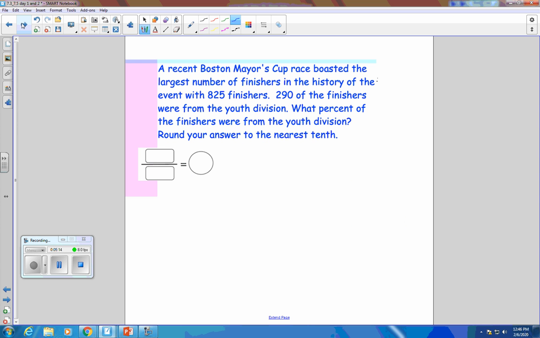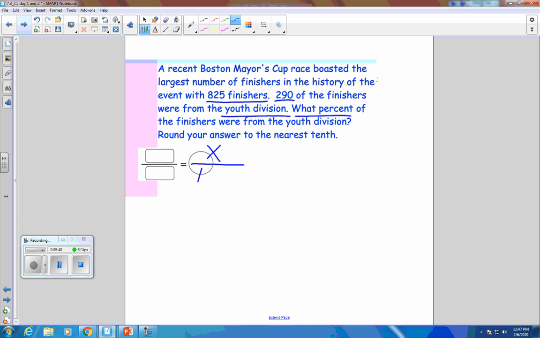A recent Boston Mayor's Cup race hosted, I'm sure it's supposed to say, the largest number of finishers in the history of the event with 825 finishers. 290 of the finishers were from the youth division. What percent of the finishers were from the youth division? Round your answer to the nearest 10th. So I'm finding percent.